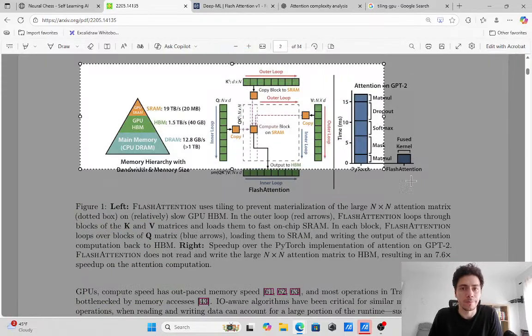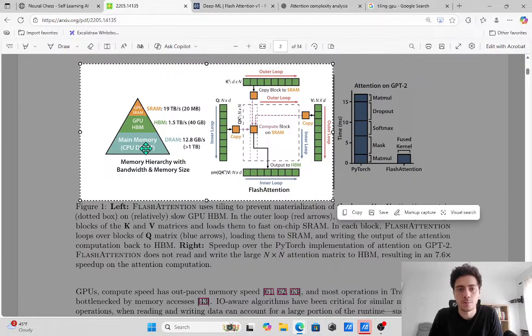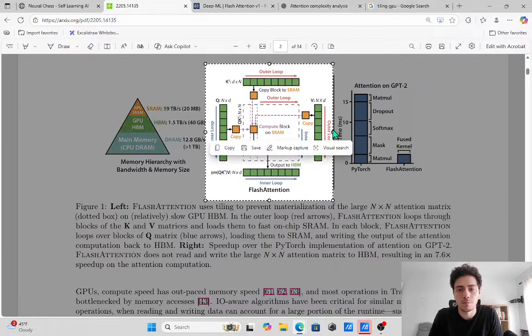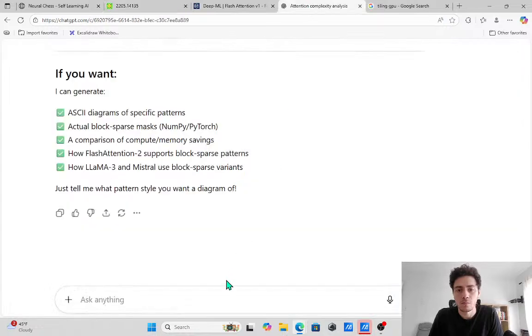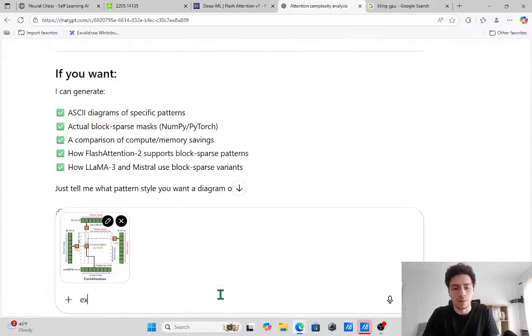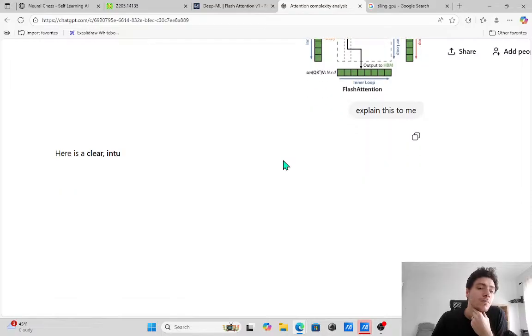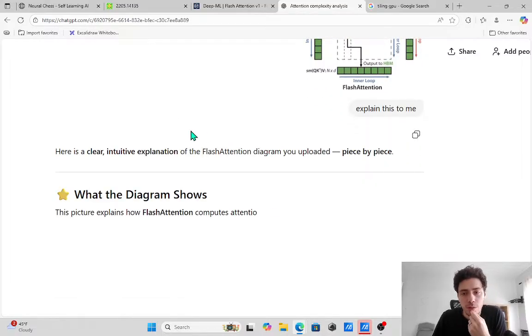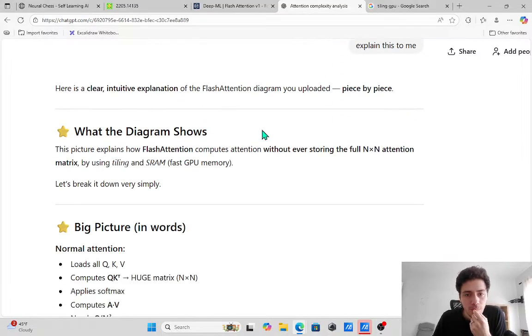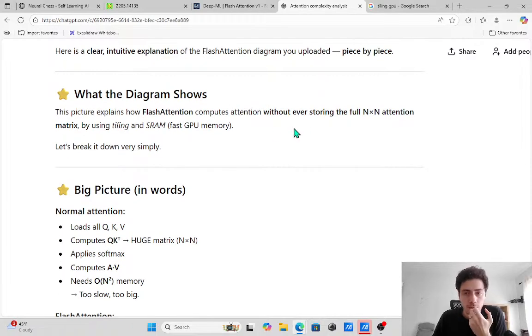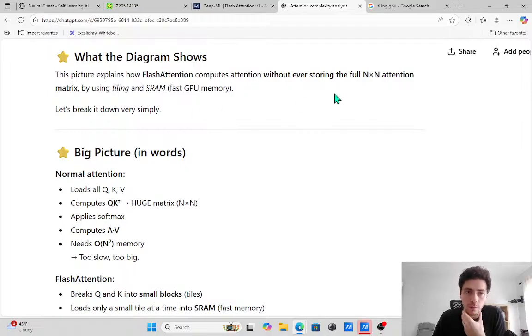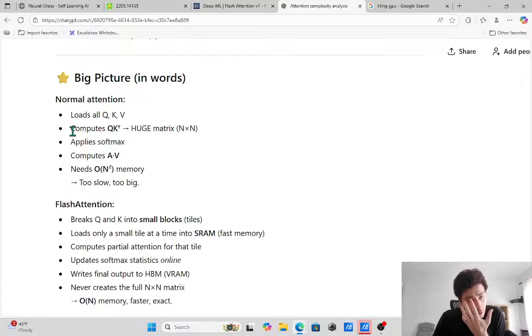Let's try something. Explain. I wonder how well it's going to do. Flash attention. Okay. Yes, we're not storing the full n-by-n matrix. We're just doing pieces. Okay, load all.